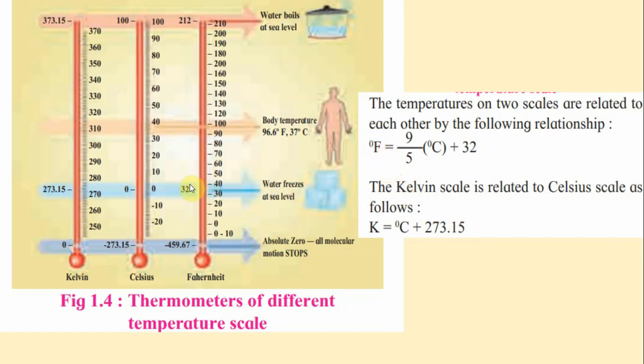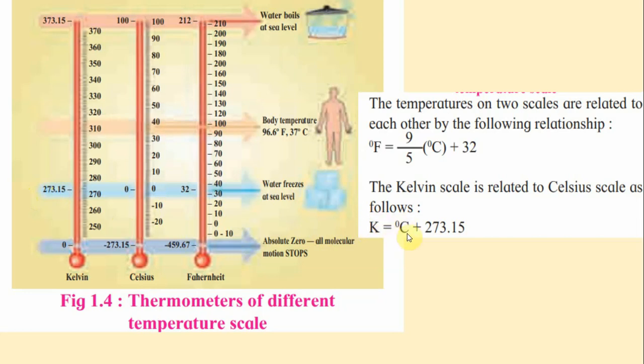If we take 32 degrees Fahrenheit, 32 degrees Fahrenheit is equal to 9 upon 5 times degrees Celsius plus 32, so the answer comes to 0 degrees Celsius. Here we have taken 273.15 Kelvin.